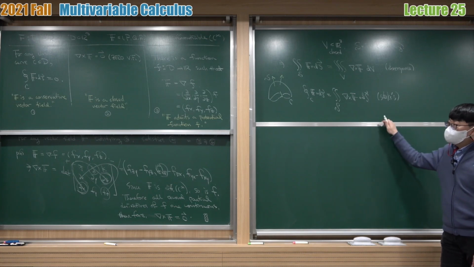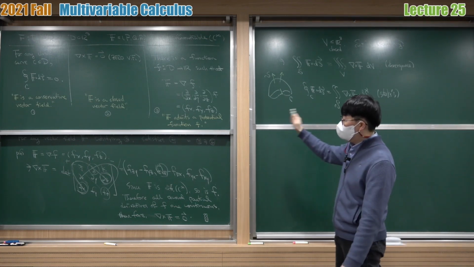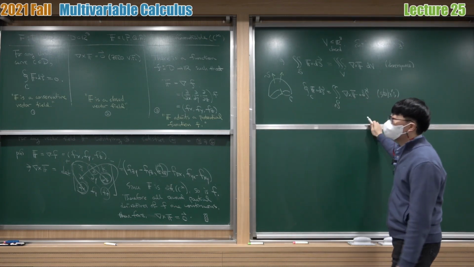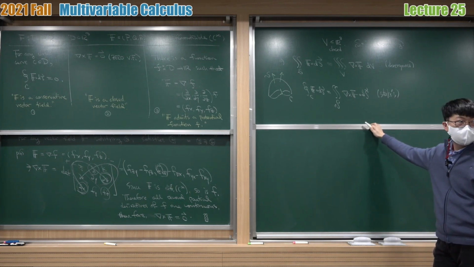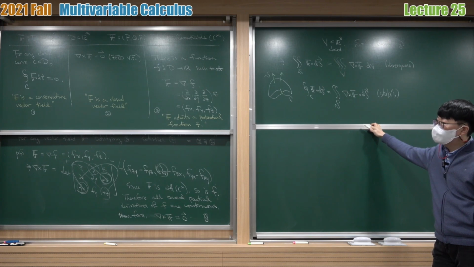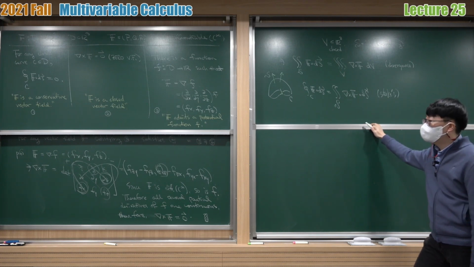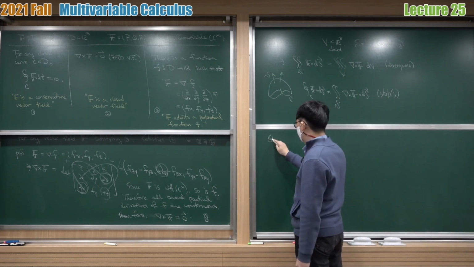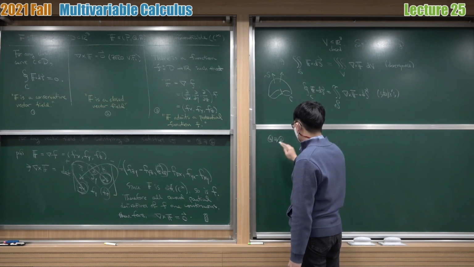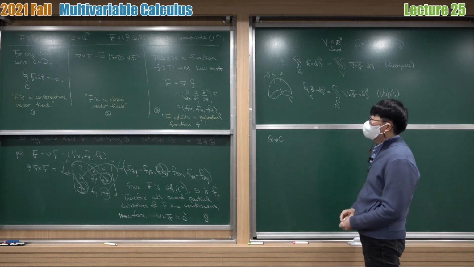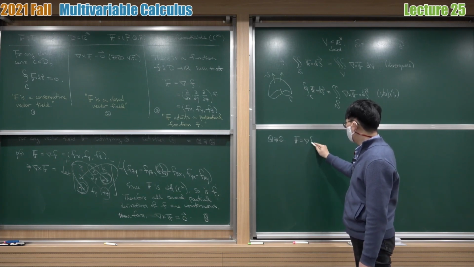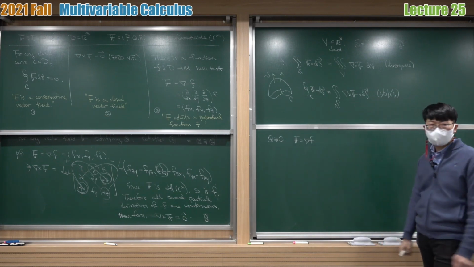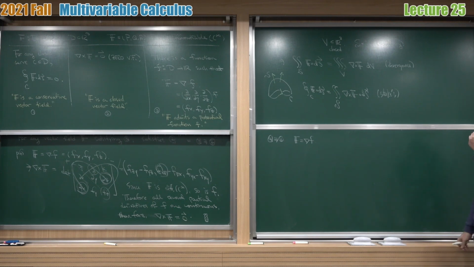Okay, so we know that 3 implies 2. How about 3 implies 1? So we know that this vector field is given by a potential; it came from the potential function f.